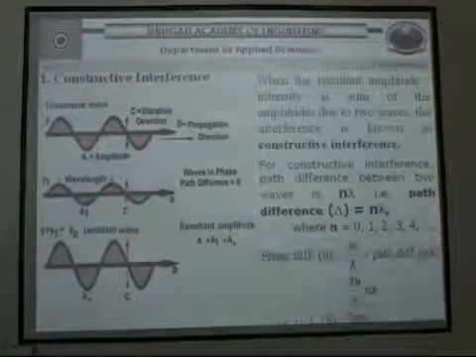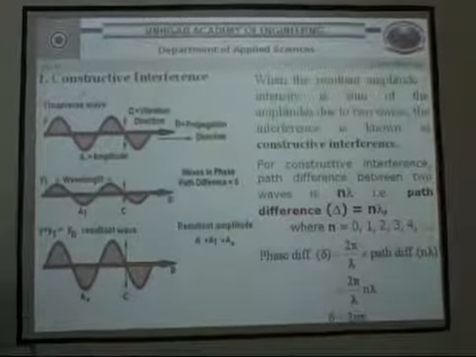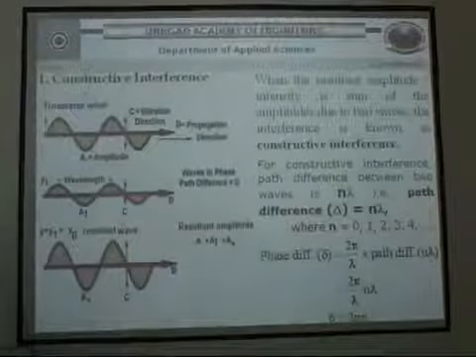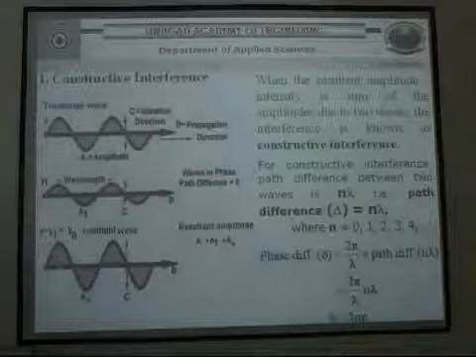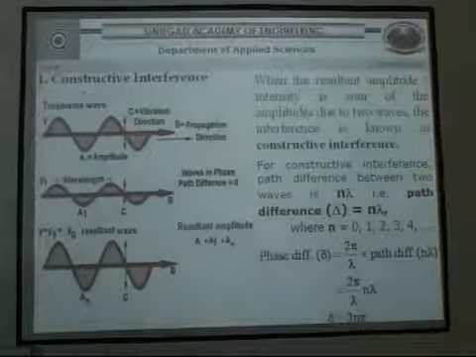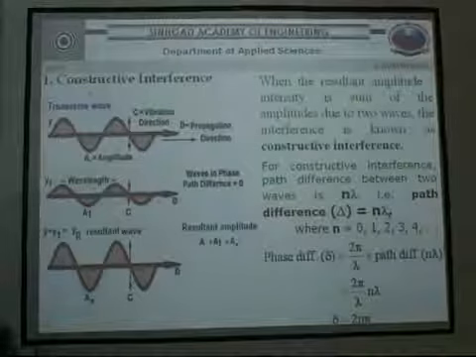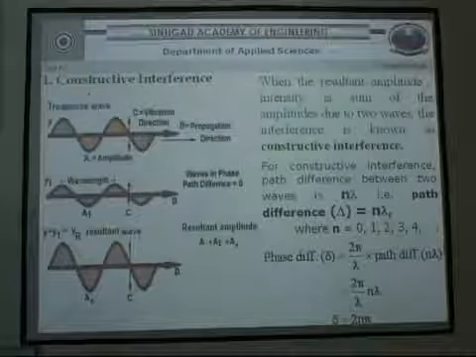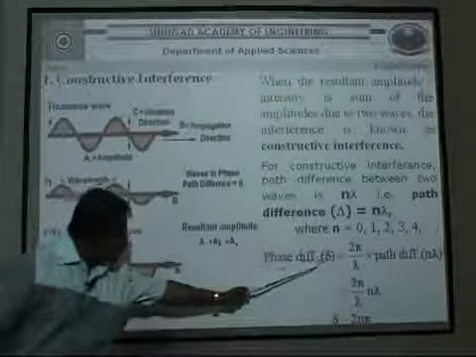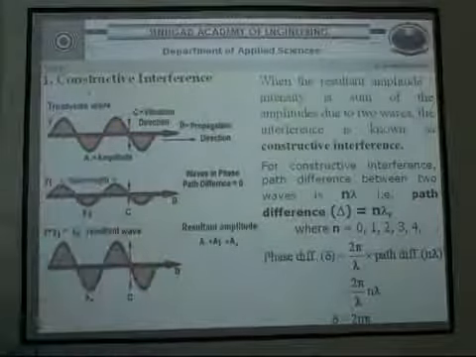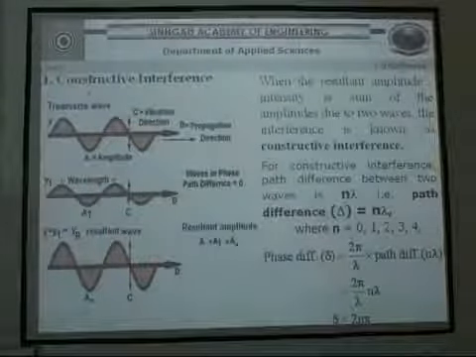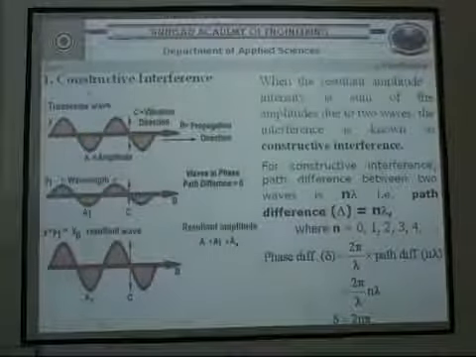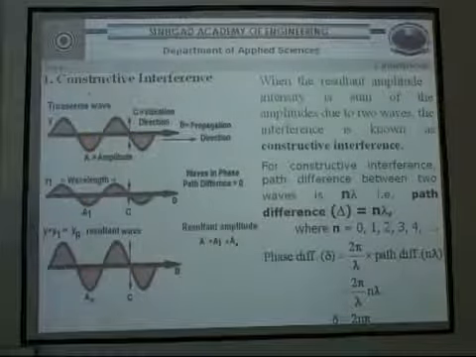And hence the phase difference is, we know that delta is equal to 2 pi upon lambda into path difference. Therefore, the phase difference is equal to 2n pi, because the formula is delta is equal to 2 pi upon lambda into path difference, that is n lambda for this constructive interference, and therefore 2 pi upon lambda into n lambda.